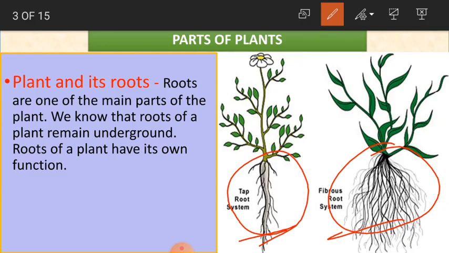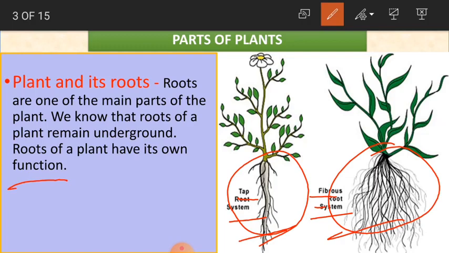Roots of a plant have their own function, in the sense their own work. We will learn in detail about roots, but for now what we are saying is roots are the main parts of a plant. And if you see here, you have two types of root systems, tap root system and fibrous root system. You can observe the difference here.